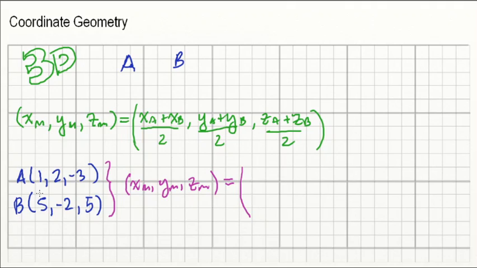So 1 plus 5 is 6 divided by 2, fair enough, 3. Next one, 2 and -2, the average is 0. And negative 3 and 5, the average is 1. As simple as that. So it's not that hard when we're working with three dimensions at all.